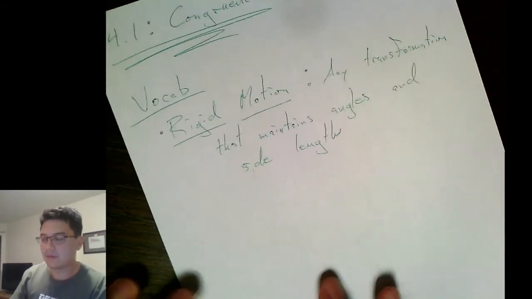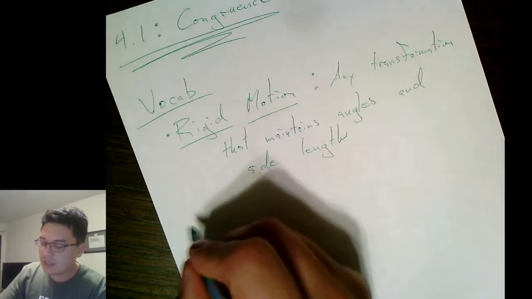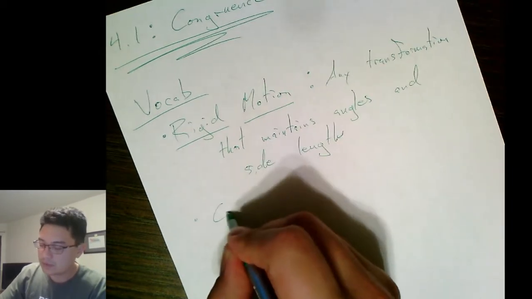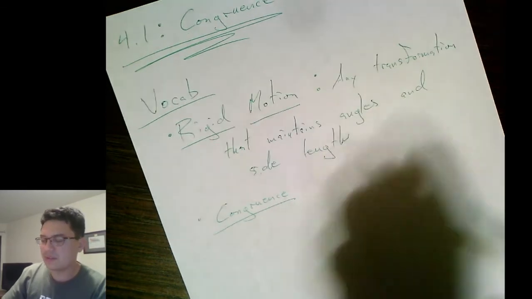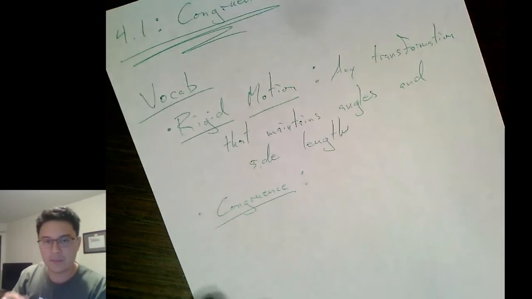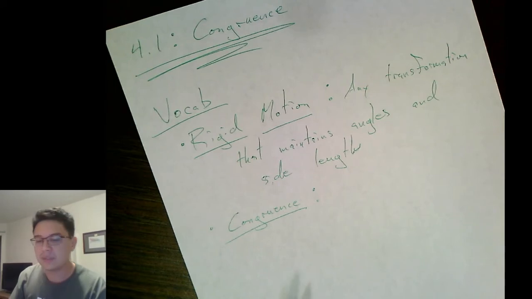The next thing we have here is this concept of congruence. The textbook has a definition for this. I'll give you my definition for our purposes, just to clean up the concept.